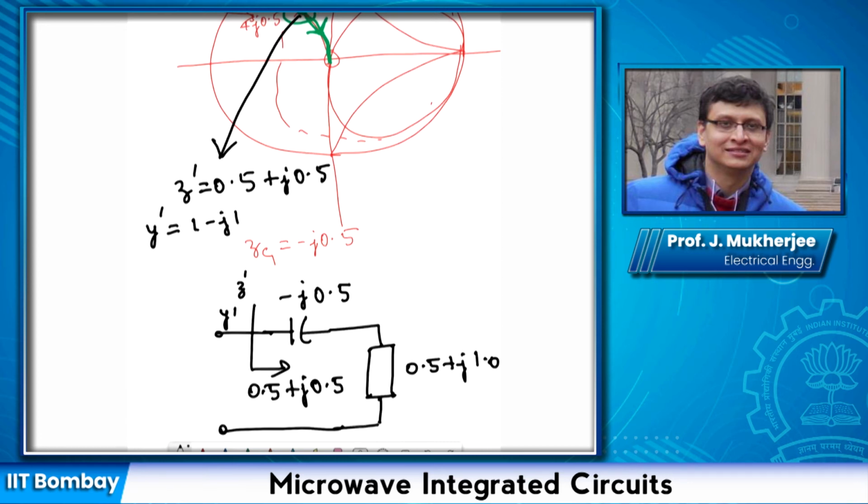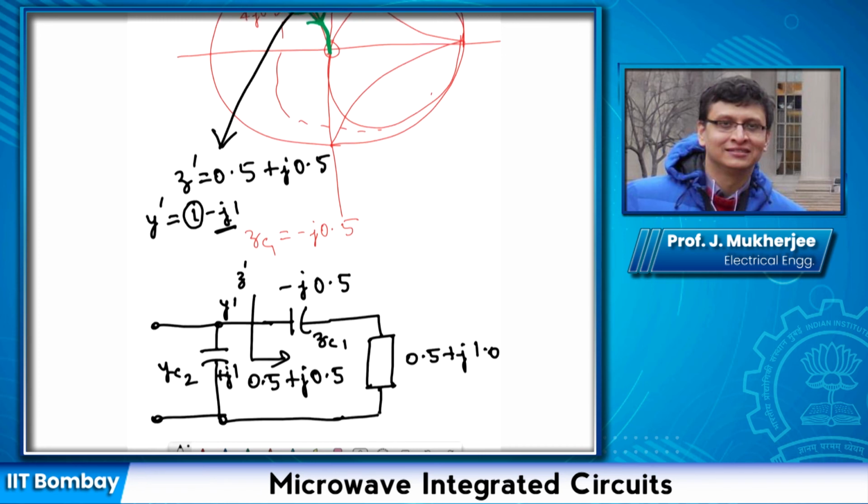Okay, so I have already obtained the correct real part. I have to cancel this imaginary part, and since this is negative, the susceptance is inductive. To cancel it, I have to add a shunt capacitor, let's call that YC2, and that should have a value of plus j1. Okay, so this is my circuit.